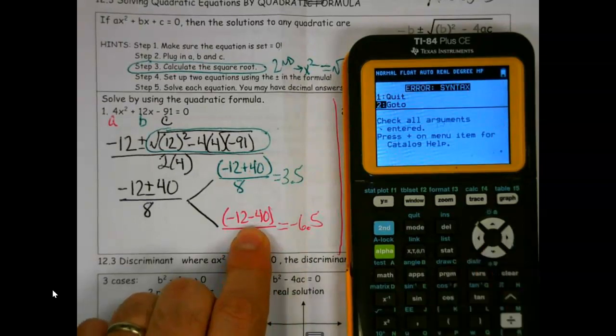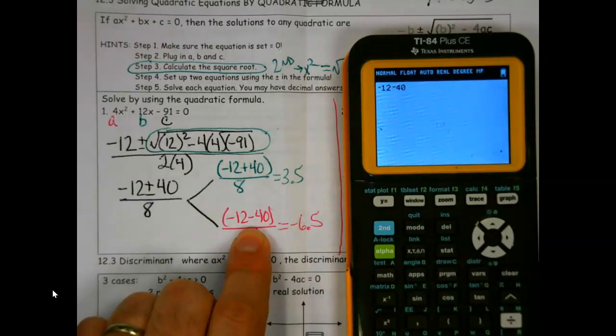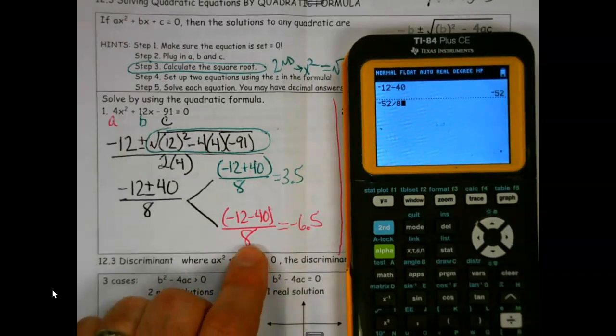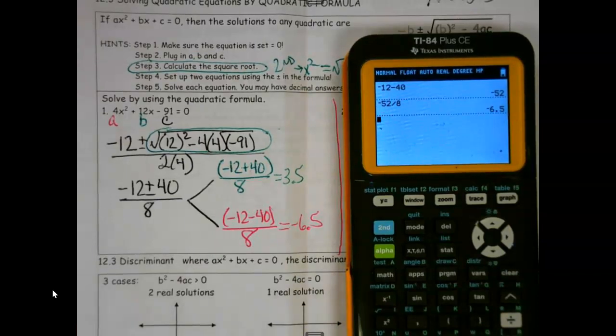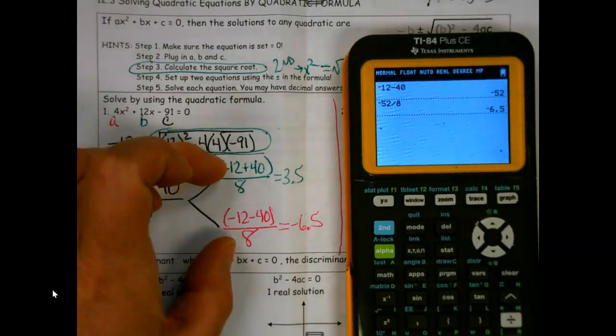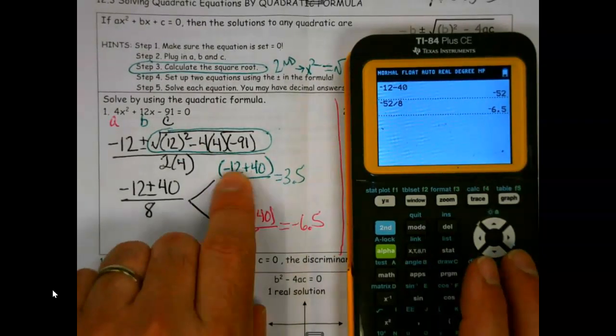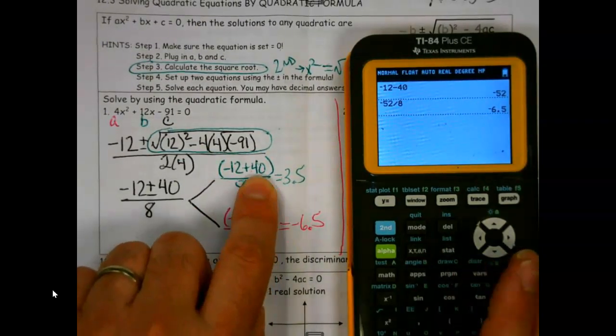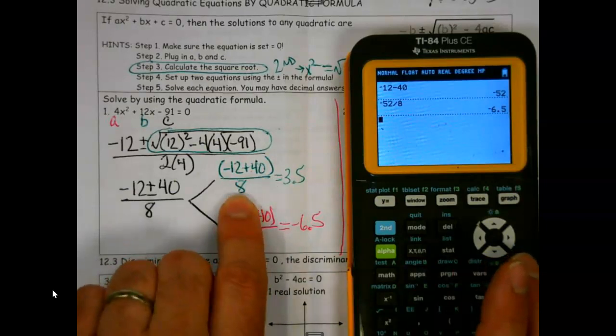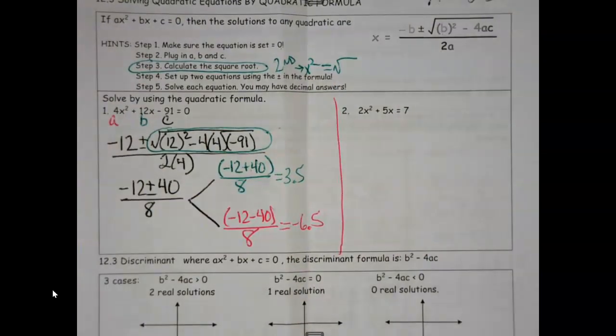Oops, minus 40. Negative 52 divided by 8. Okay, I get the same thing. You can only do it all at once if you use the parentheses. Otherwise, do the top first, do the numerator, then hit enter, then divide your answer by that. Other than that, that's about it.